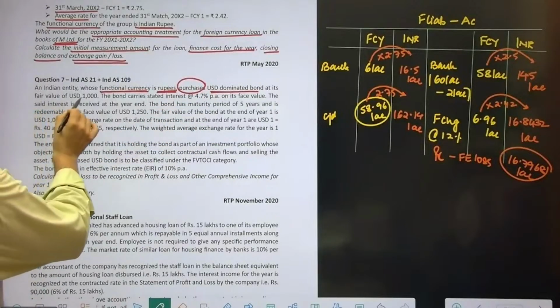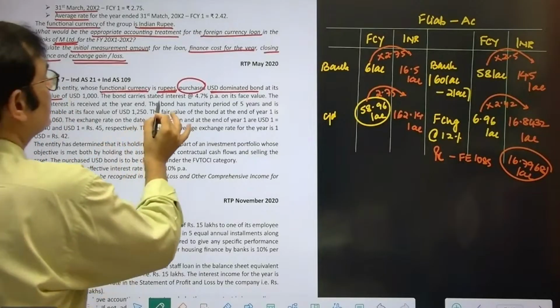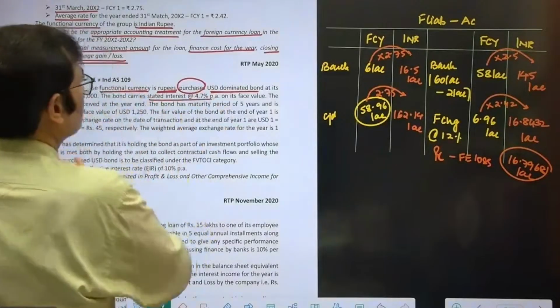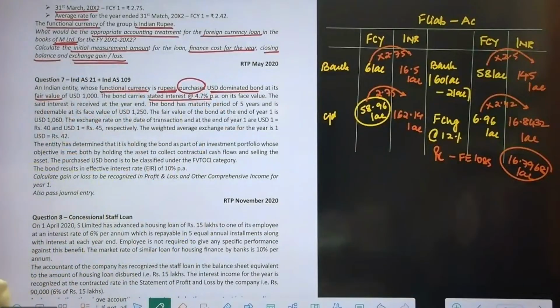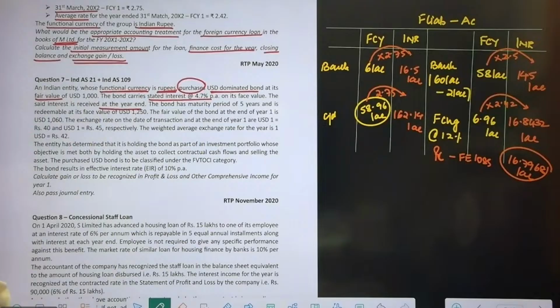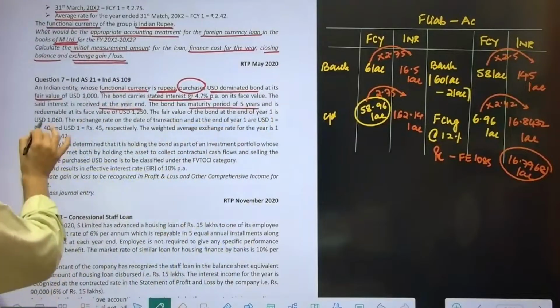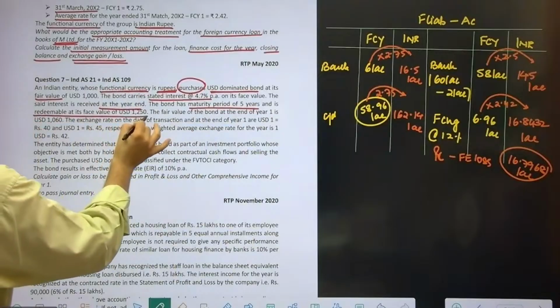And we're given the fair value is supposed to be $1,000. The bond carries a stated interest at 4.7% on the face value. The said interest is received at the year end. The bond has got a maturity period of 5 years and is redeemable at 1250.